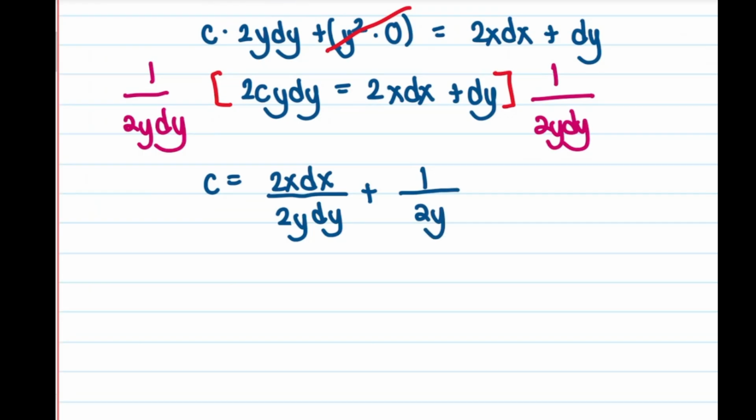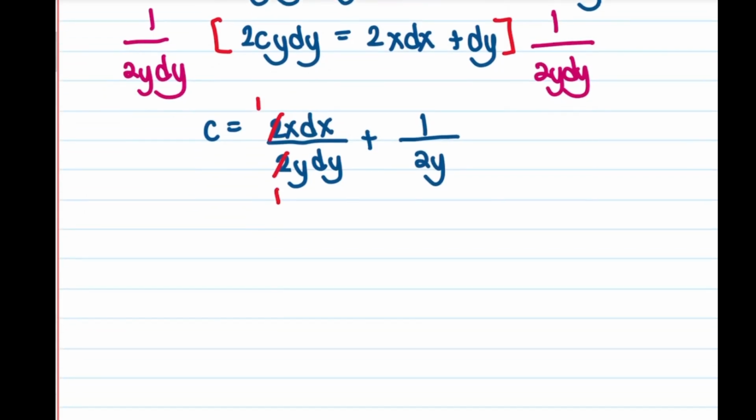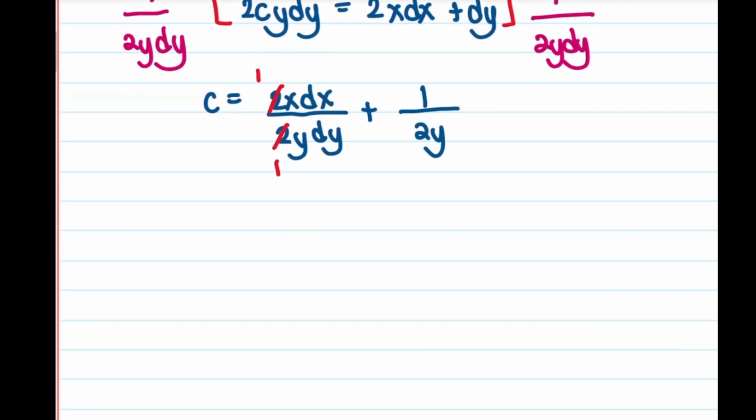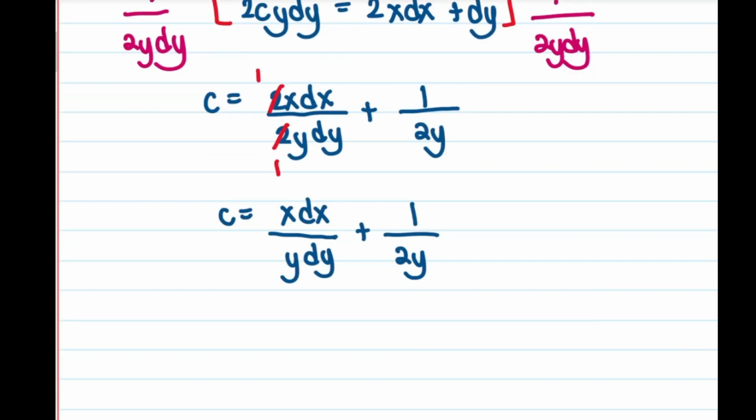So this one will be the equation. Let's cancel out 2 here, so this one will be 1 and 1. Simplifying further, it will yield this answer: x dx all over y dy plus 1 over 2y. So this one will be your C.